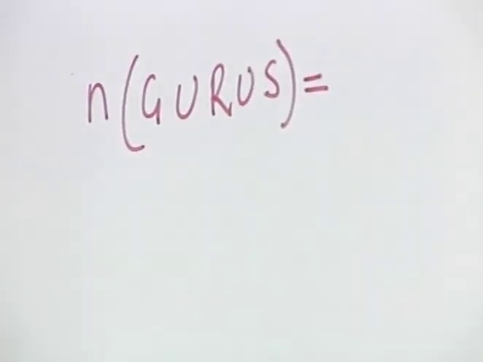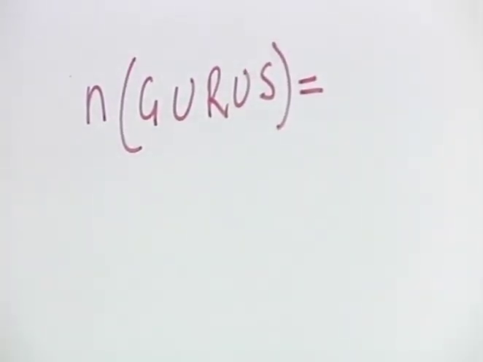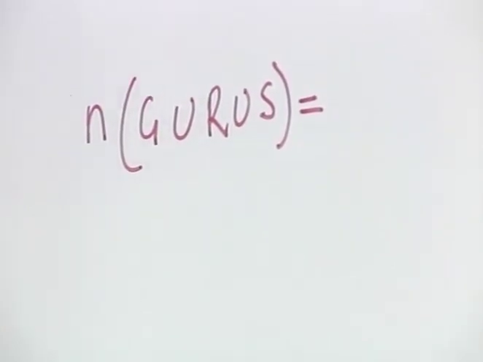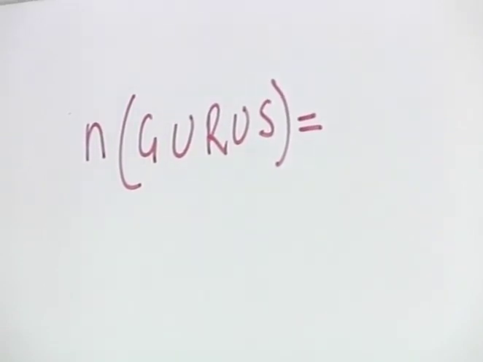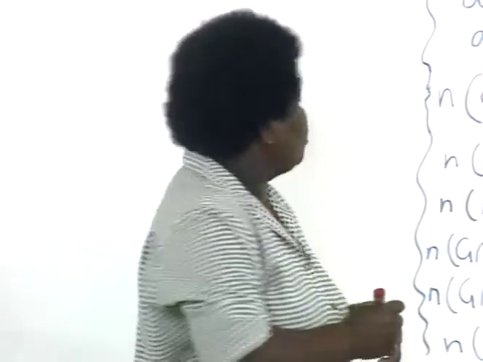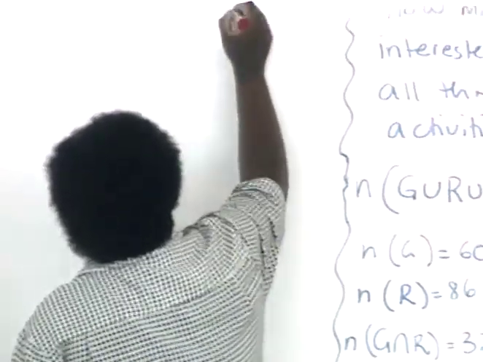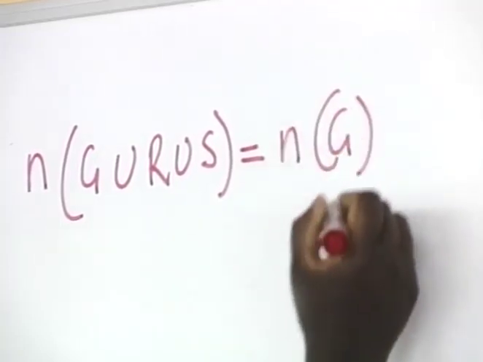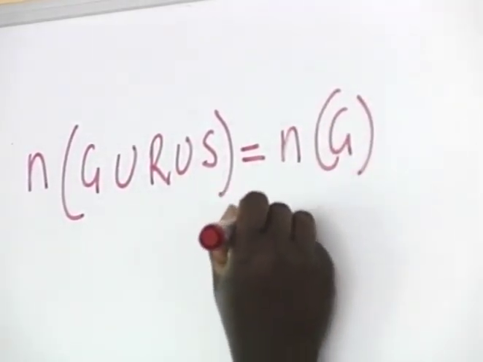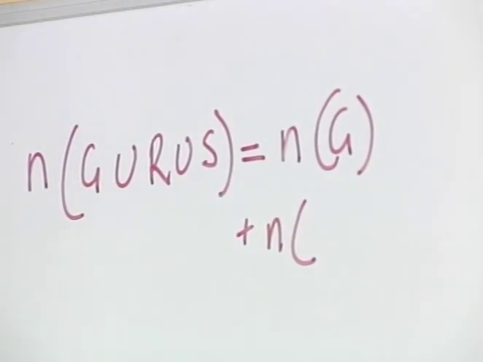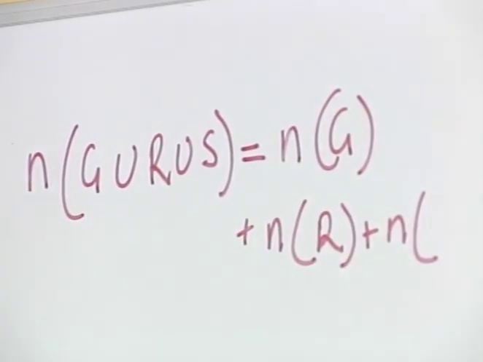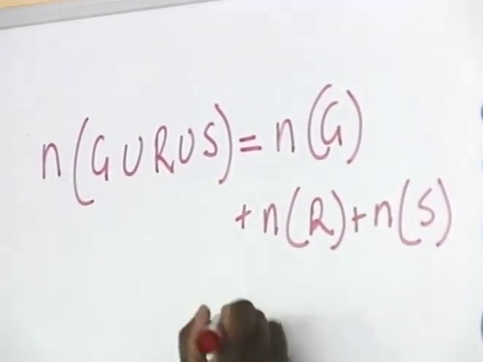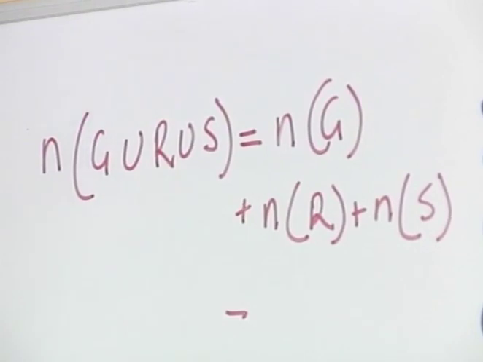All right, 120 includes everybody who was interviewed. Okay, so that's also equal to the number of elements in G plus the number of elements in R plus the number of elements in S, but we have to subtract. Okay, so what will we subtract?